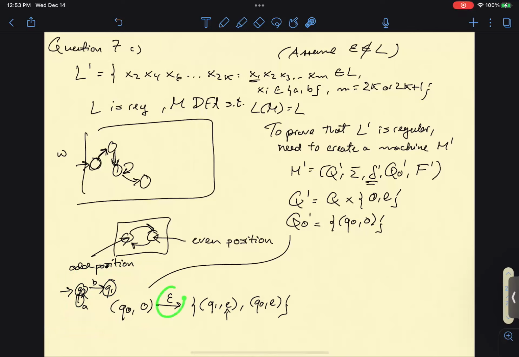This epsilon is here to simulate a letter, because I don't care what the letter at x1 is. I discard it either way, because the only thing I do is take x1, throw it away, and keep x2. That's how I throw away x1, and how I keep x2 is what I actually have to implement.